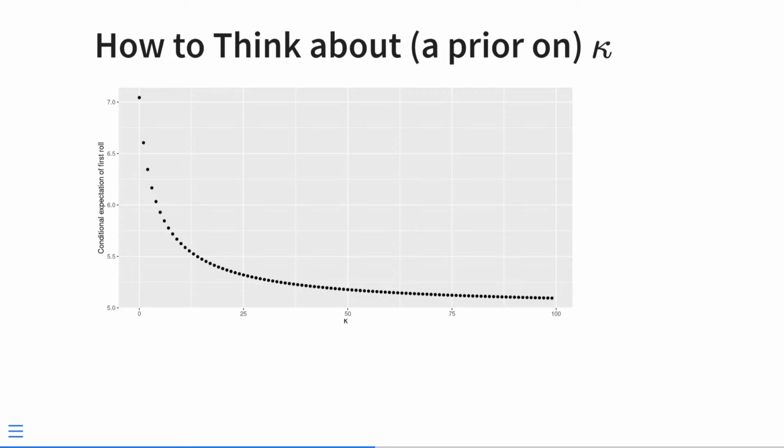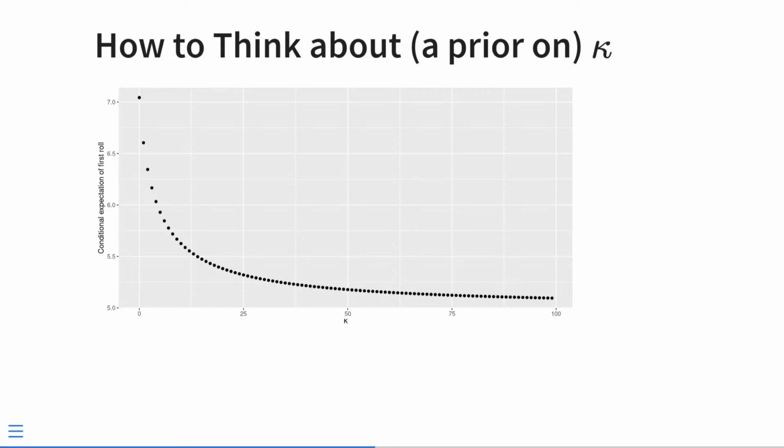So if we're thinking in terms of what would be a prior on kappa, you can start by saying, well, what do I think the expectation of the first roll of a frame of bowling for this bowler is? Start over here, find the dot closest to that vertically, and then down to the horizontal axis, to get a corresponding value of kappa that would imply such an expectation.